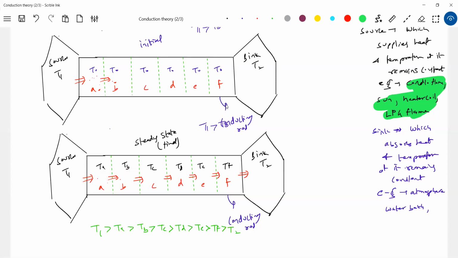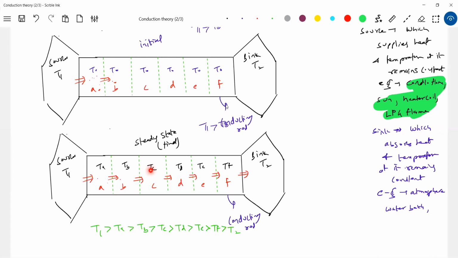But initially, what will happen? Initially, each segment will absorb heat from T naught. It will attain temperature TA. Like segment B, from T naught to TB. So initially, the temperature of the rod is T naught at all points. When I connect between source and sink, the different segments will acquire different temperatures. This is called a properly lagged rod.